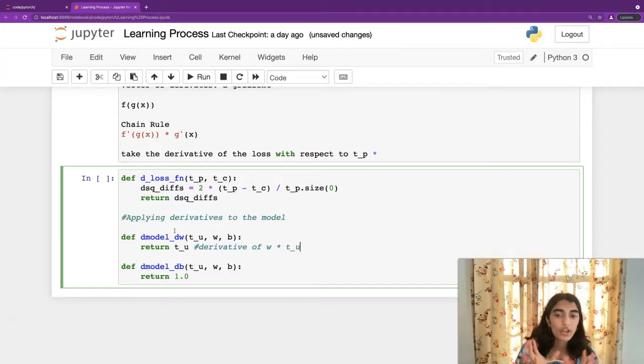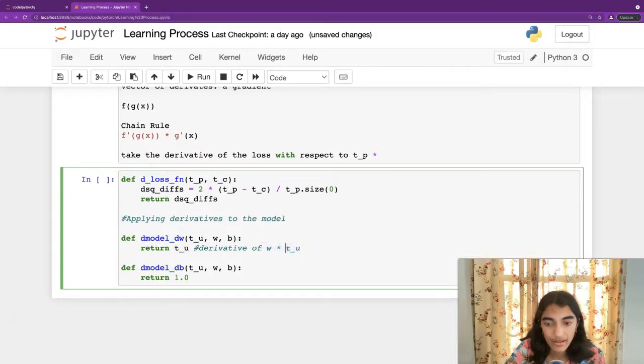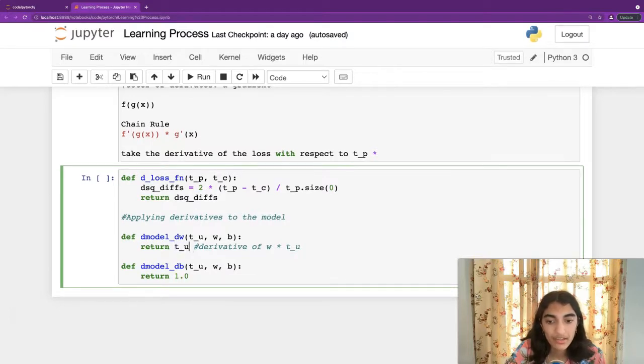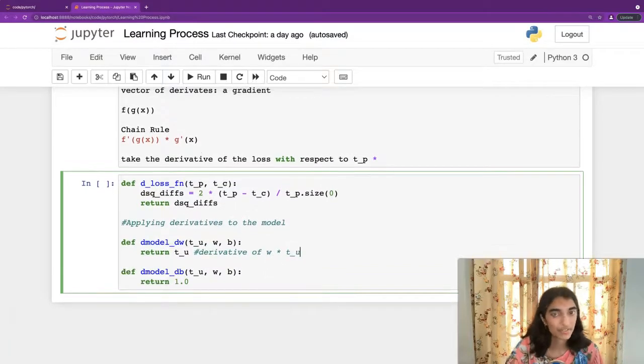If we just look at the W times TU part, we get a derivative of TU, because the weight is the variable and TU is constant, because we just have an input.